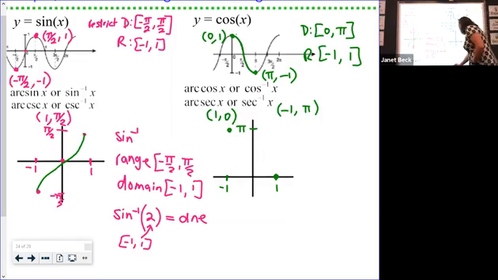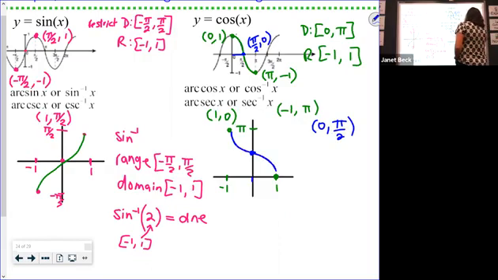So there. How am I going to draw those points? Let's think about this point in the middle. That's at pi over 2 going across, 0 up. That's going to become the point 0, pi over 2. So when I'm at 0 here, I'm at pi over 2 there. So this graph actually goes like that.